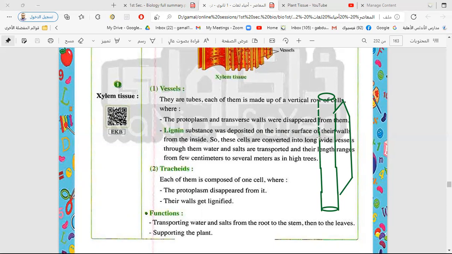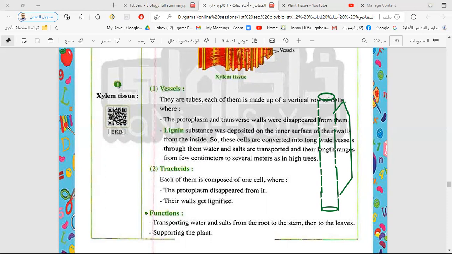These pits allow the passage of water and mineral salts. There are many pits in the wall, but the wall is thickened with lignin. So we have a strong tube, but this tube has some pits in the wall.